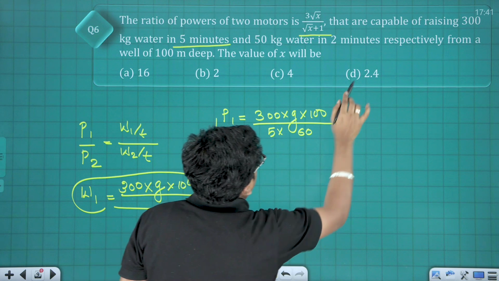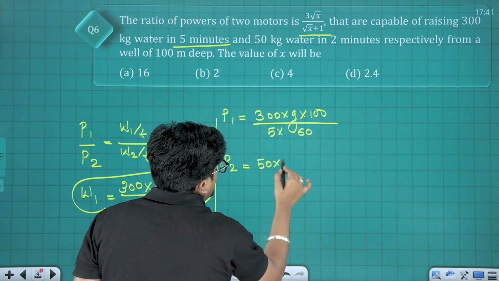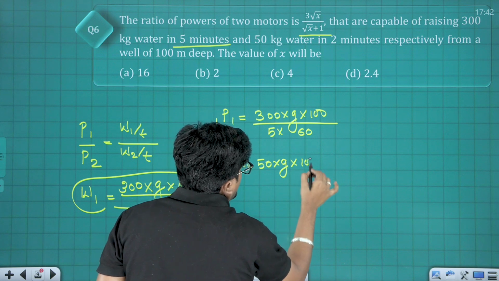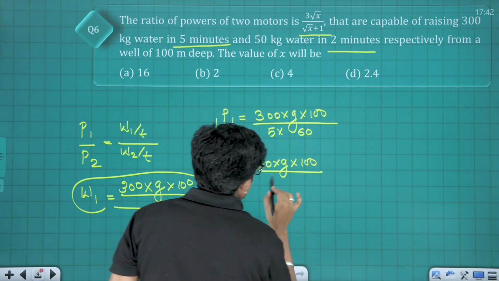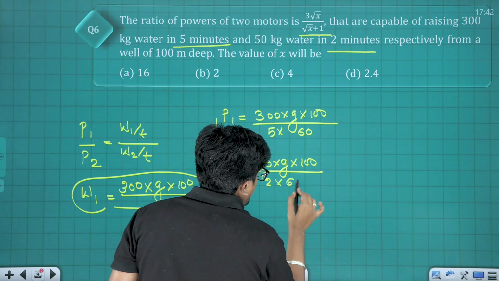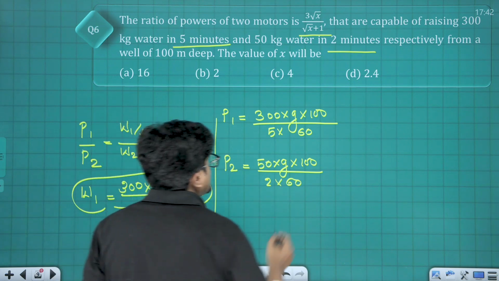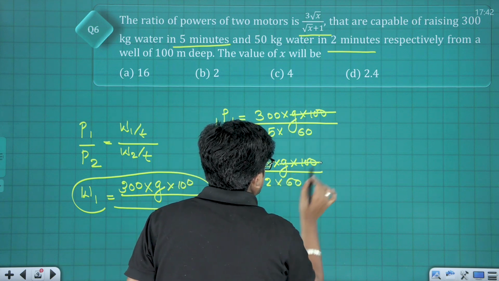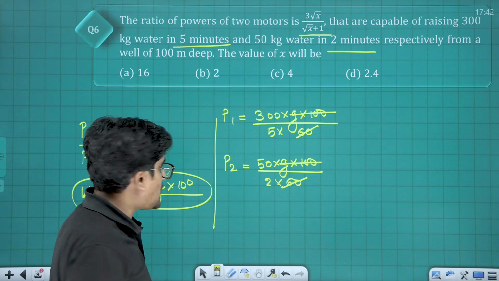P2 is going to be, here the mass is 50 kg. So 50 into G into 100 all divided by, here the time taken is 2 minutes. So 2 into 60. So once I take the ratio, the possible cancellations are G into 100 and G into 100 will cancel each other, 60 and 60 will cancel each other. So this is the direct cancellation possible.